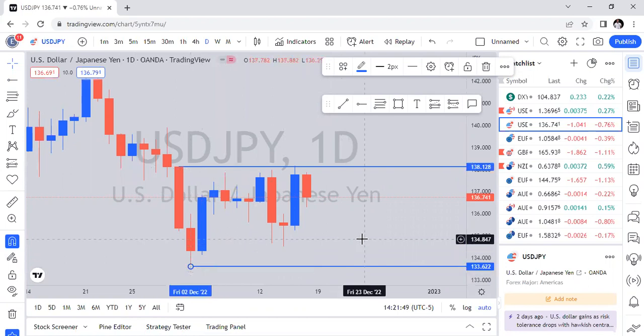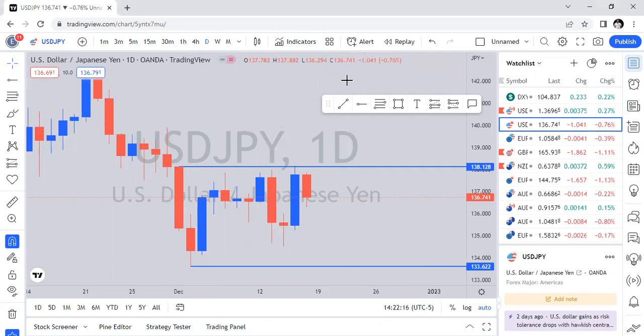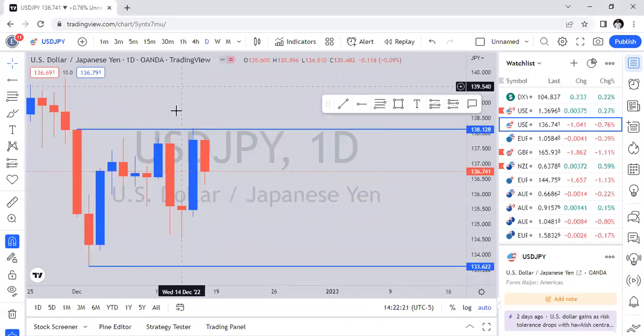Now, I've created a kind of trading range formed by this high and this low.